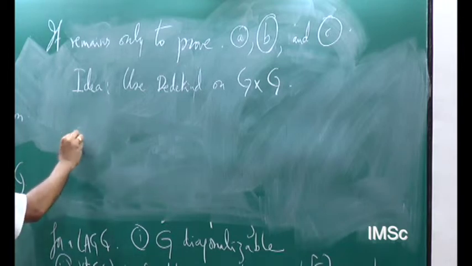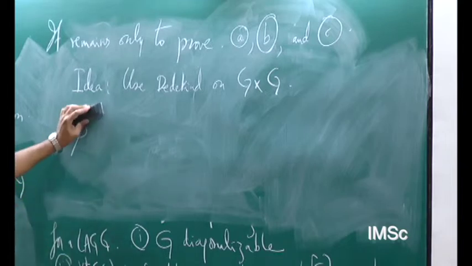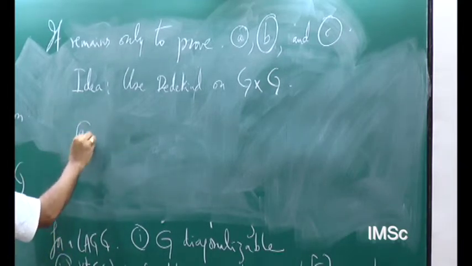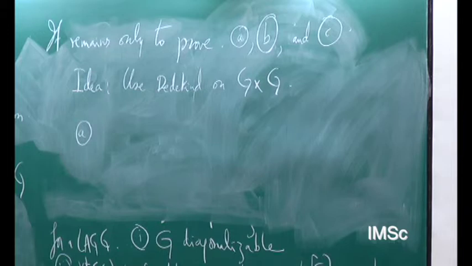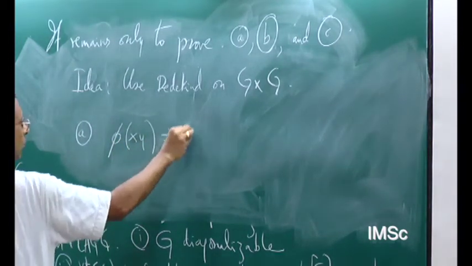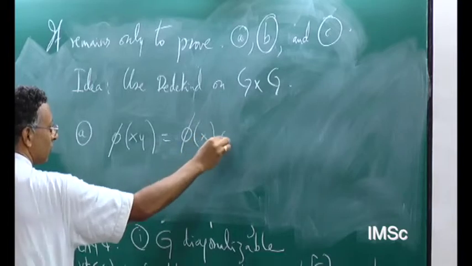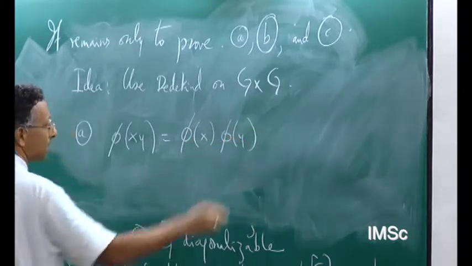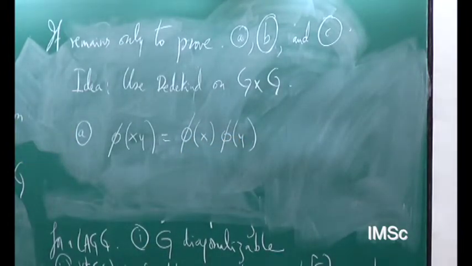Now let us try to prove 1 A. Okay, it seems natural to try and do phi of xy equals phi of x, phi of y, because phi is a homomorphism.